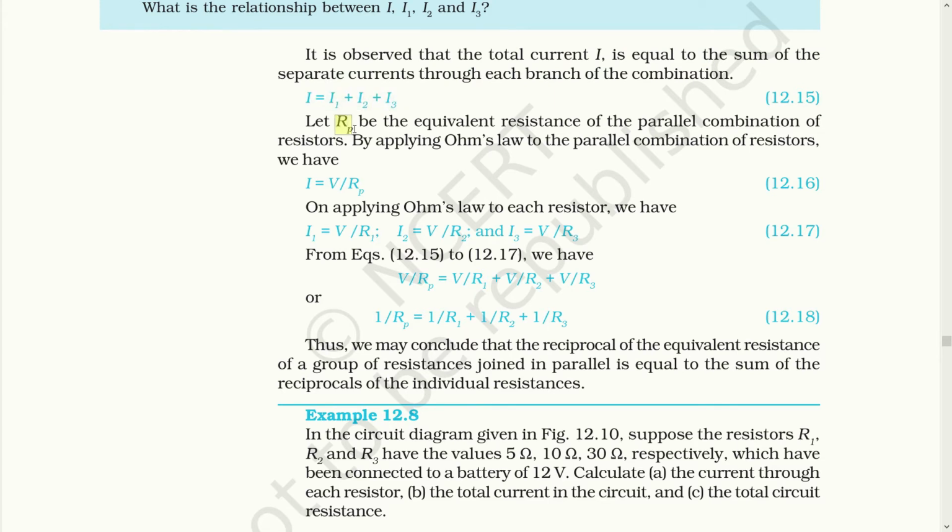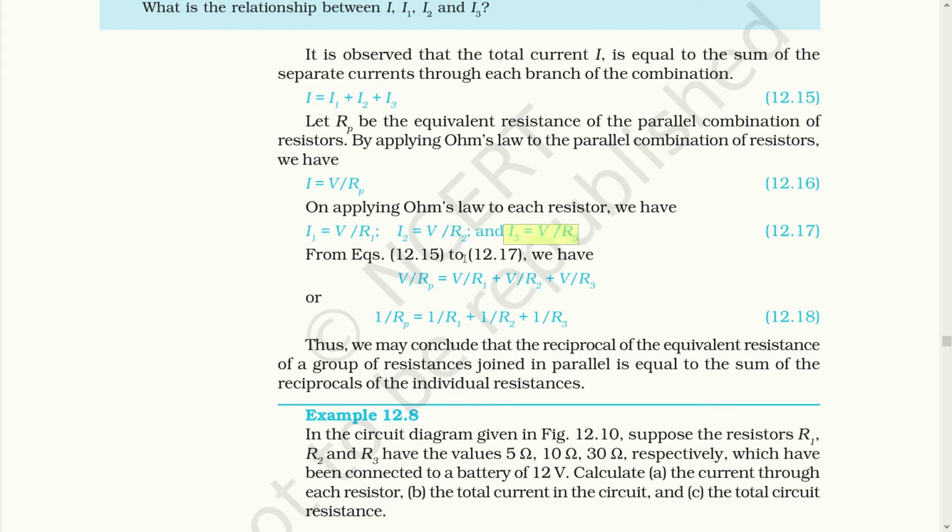Let Rp, the equivalent resistance of the parallel combination of resistors, be applied with Ohm's law to each, so I is equal to V upon Rp. So I1 is equal to V upon R1, I2 is equal to V upon R2 and I3 is equal to V upon R3.